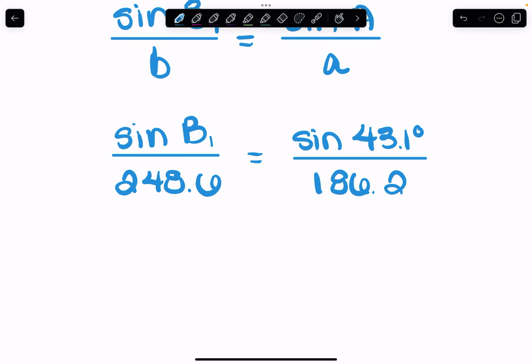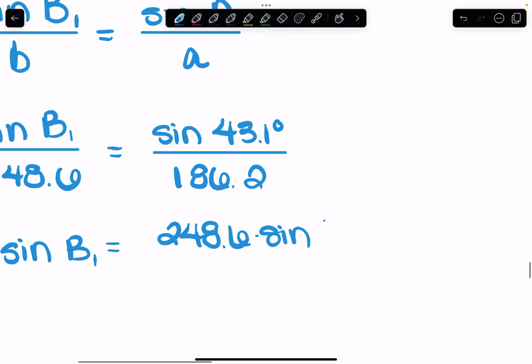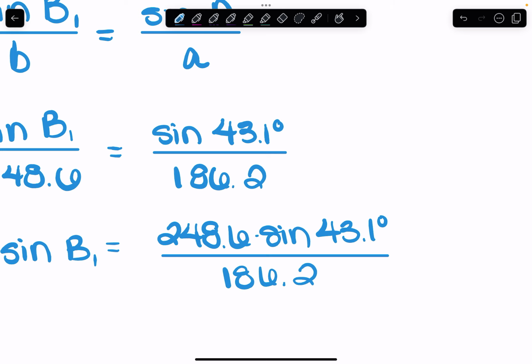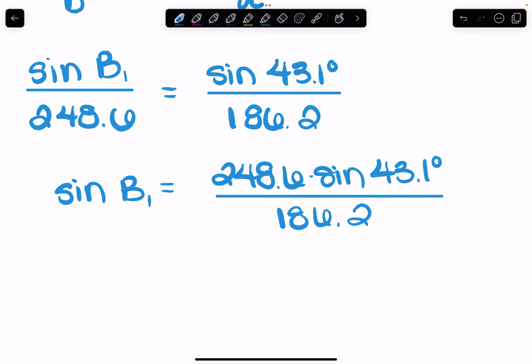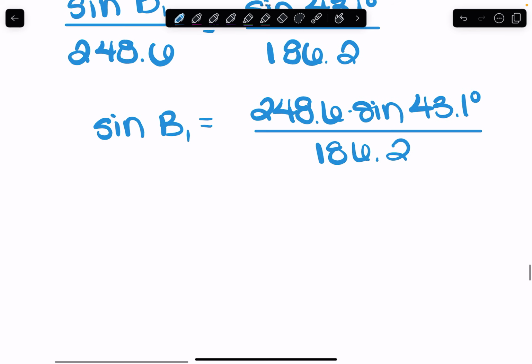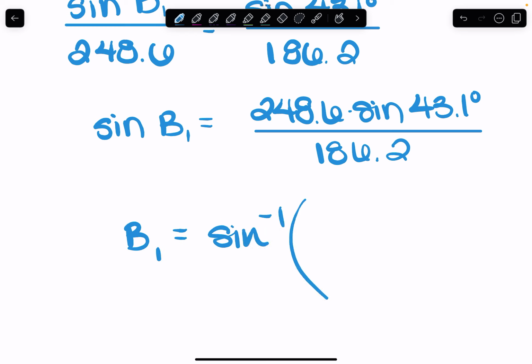Get sine by itself first, so we're going to multiply both sides by 248.6. That gives us sine B sub 1 equals 248.6 times the sine of 43.1 degrees, all over 186.2. And then remember, to remove sine, we use inverse sine. So our angle B is going to be the inverse sine of this lovely fraction here.